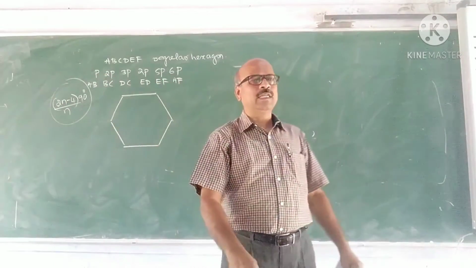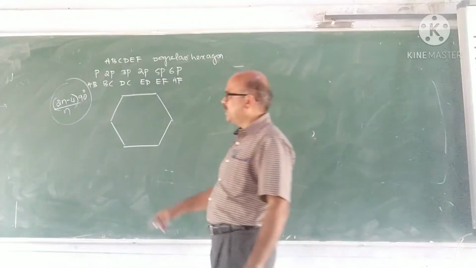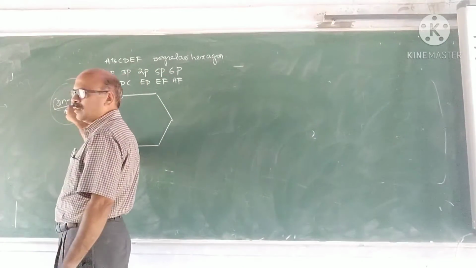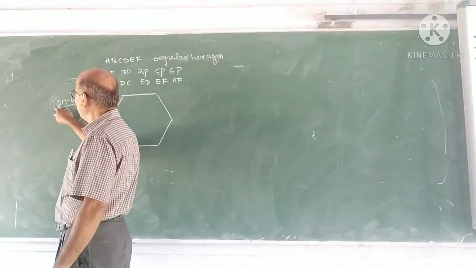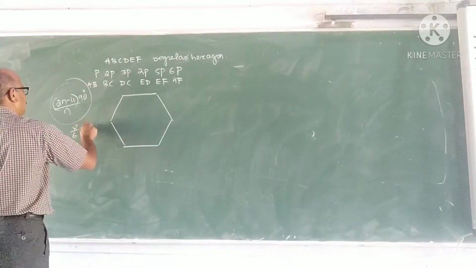So what is each internal angle of a regular hexagon? Hexagon means n is 6. Therefore it is (12 minus 4) upon 6 right angles, which is 8 by 6 right angles.